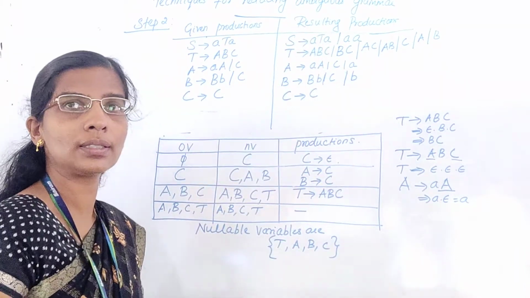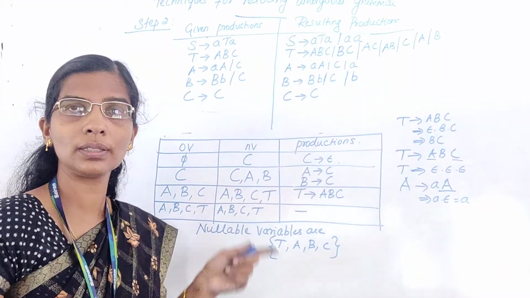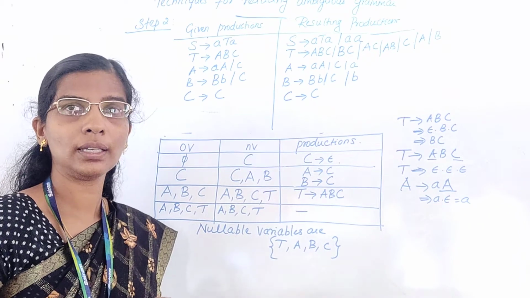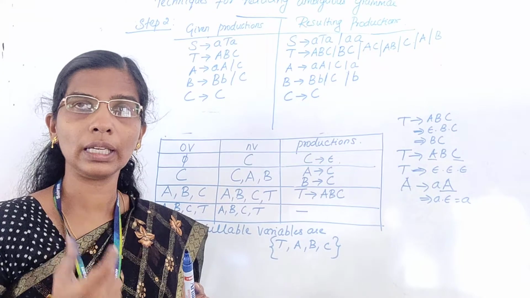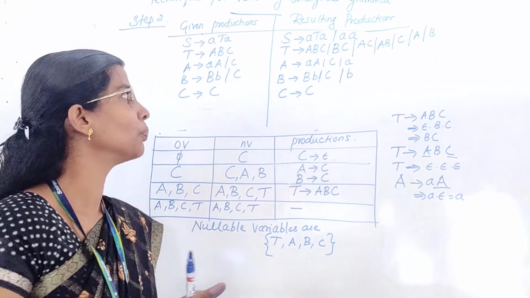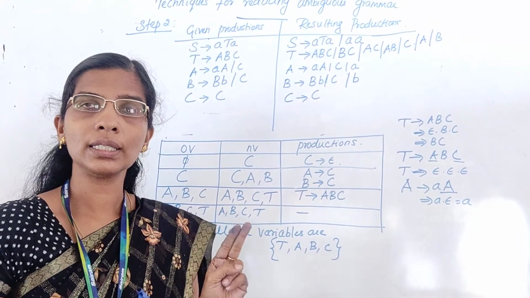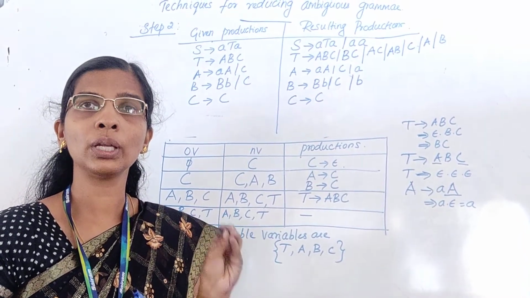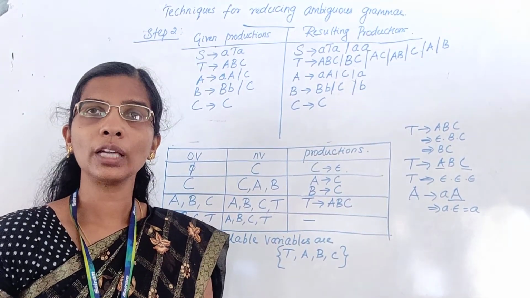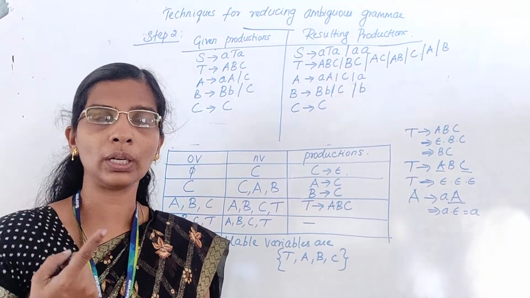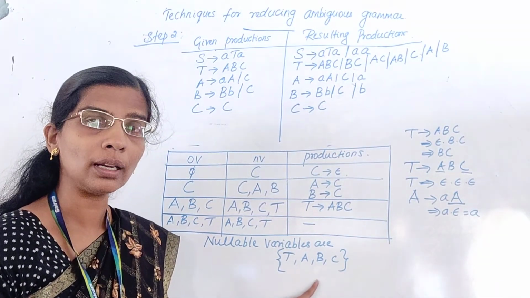Now for the next step, you have to look at this resulting production. As I said, in reducing ambiguity, that is to find the equivalent unambiguous grammar, the first step is eliminating epsilon production and the second step is including at most one epsilon step. I should include at most one epsilon only when the start symbol is a nullable variable.